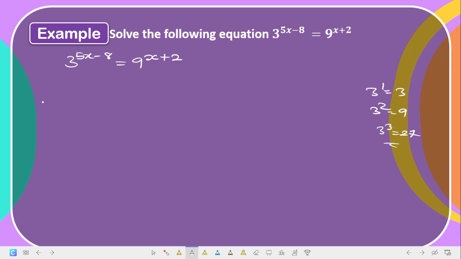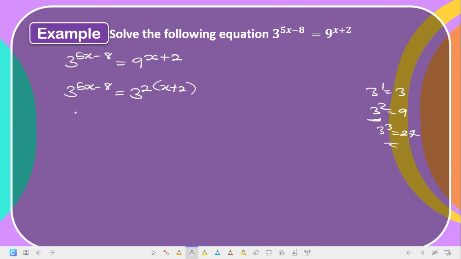So we say 3 raised to the power of 5x minus 8 is equal to 9 raised to the power of x plus 2. In place of 9, we can put 3 squared. So this becomes 3 raised to the power of 5x minus 8 equals 3 squared, then bracket x plus 2.